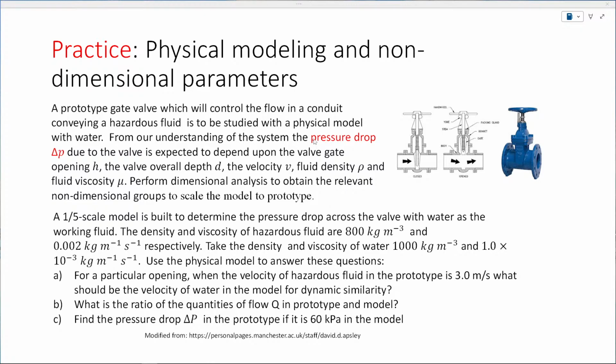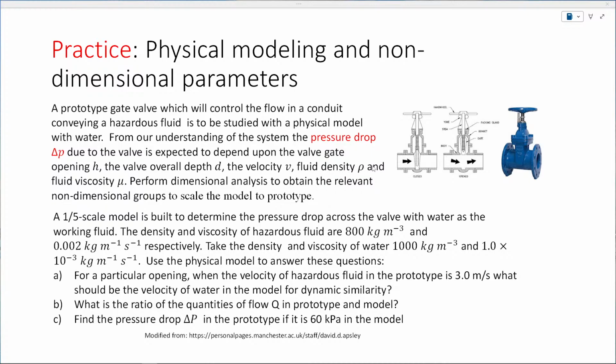Your dependent variable is the pressure drop, and your independent variables are the valve gate opening, how open it is, where here it would be 0, for example, and here it would be maximum, and then the overall depth, from here to here, and the velocity of the fluid, and of course the density and viscosity of the fluid.